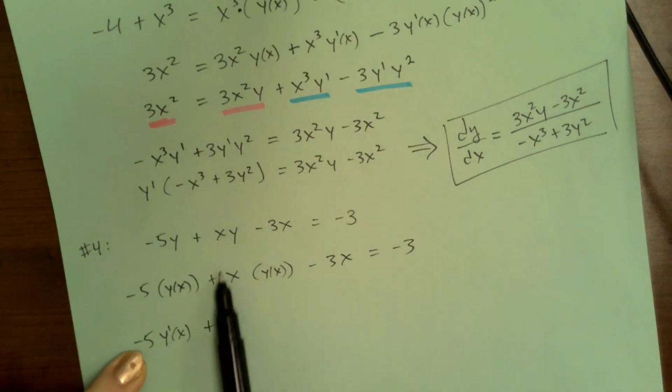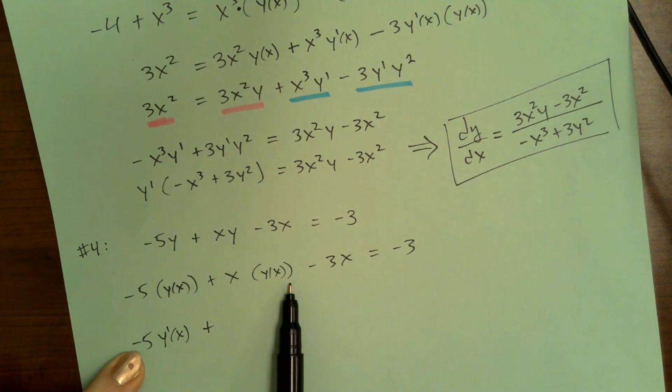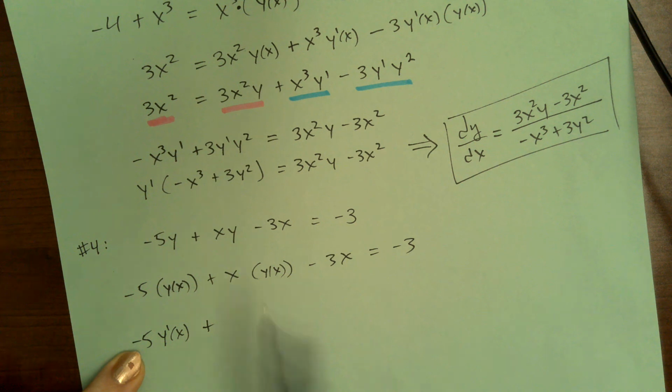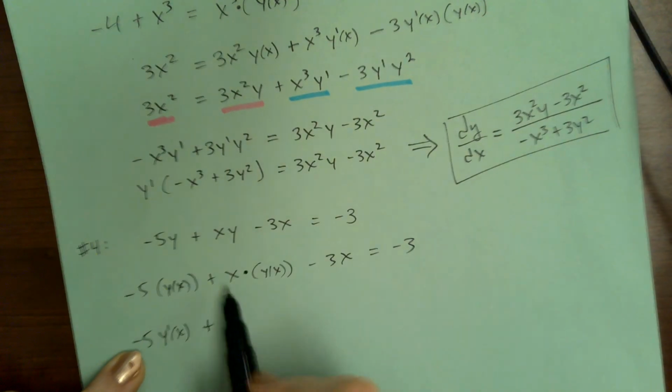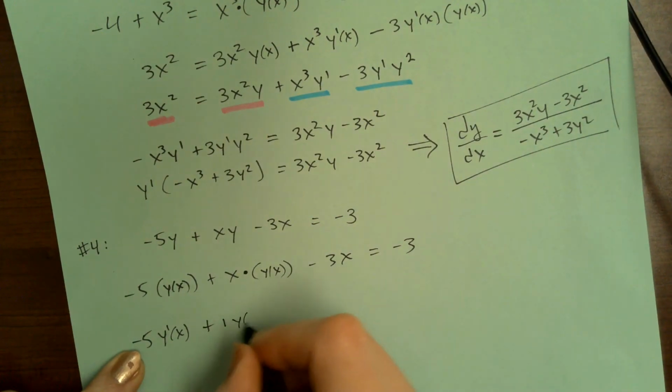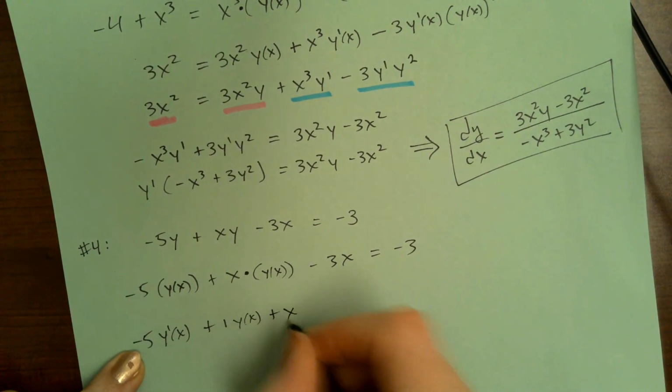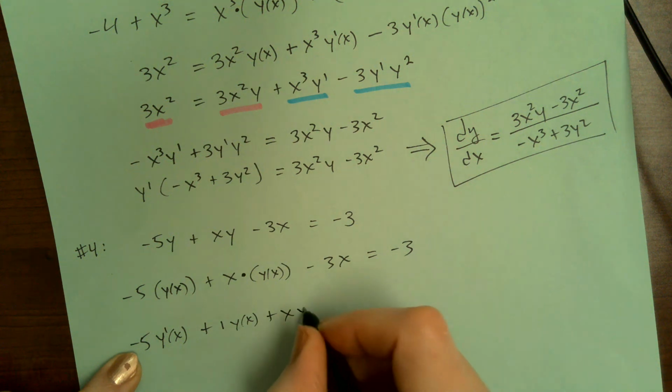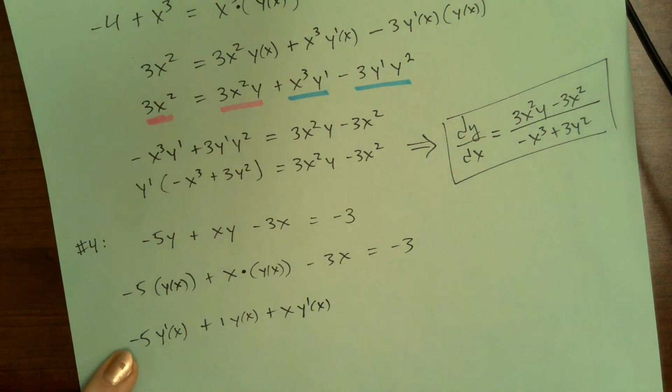For the derivative of this term, we need product rule. So because it's a product, the derivative of x is 1, and then you bring down y of x plus. X comes down, derivative of y of x is y prime of x.